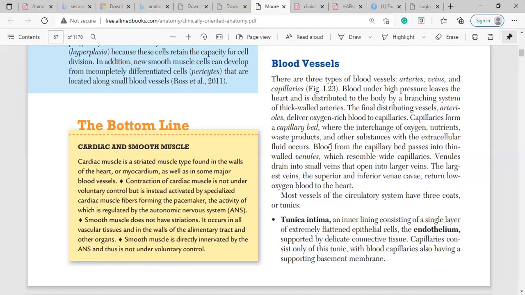Now, the sixth thing, the largest veins in the human body are called the vena cava. There are two of them: the superior vena cava and the inferior vena cava.